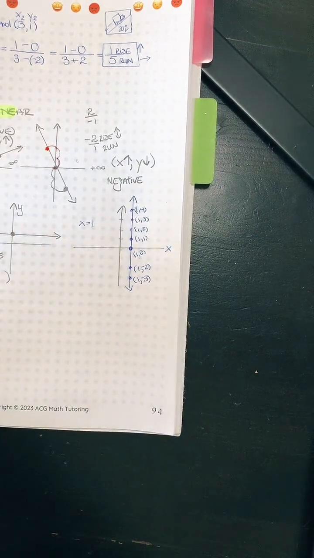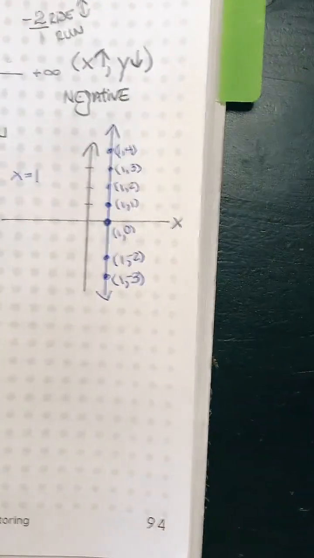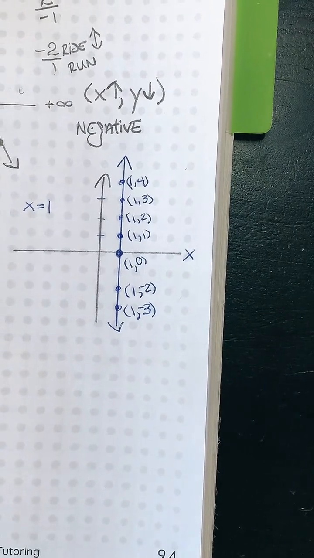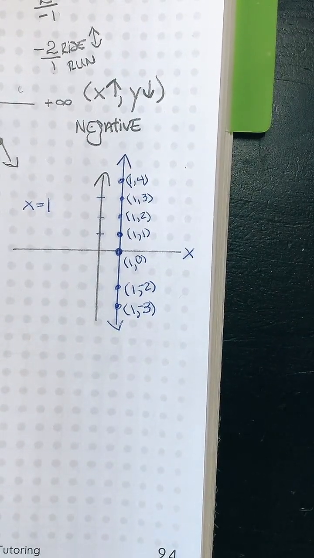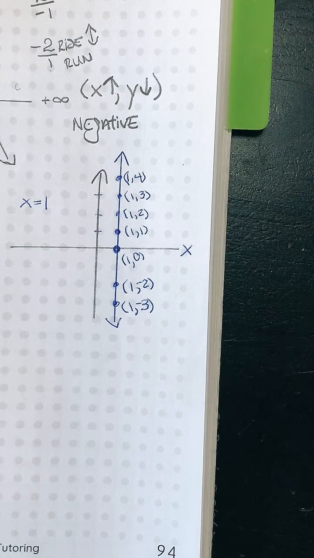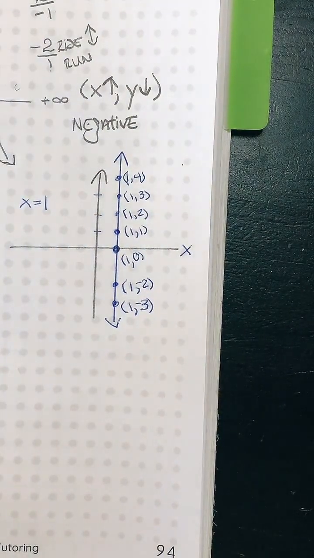Let me zoom in a little bit so we won't have to squint. What do you notice? And I think it was Milton that noticed it first. I like to give credit when credit's due.